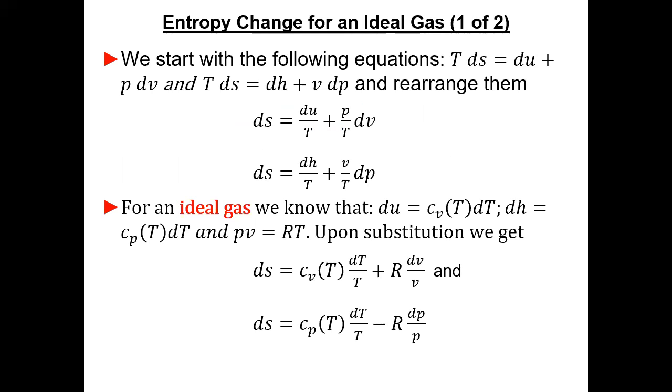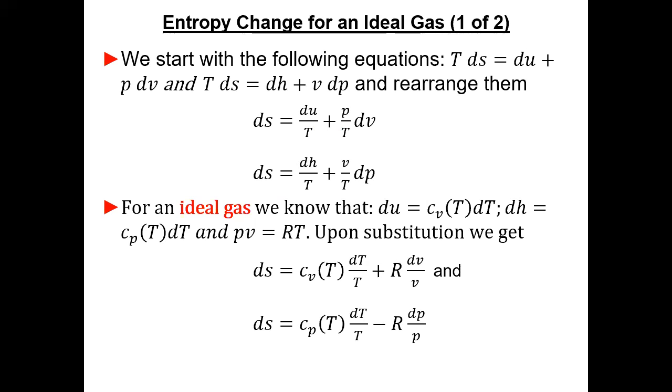Okay, so then we rearrange those and solve both of them for ds. The top one, divide through by T, and ds is du over T plus p over T dv. And the second one is ds is dH over T plus specific volume v over T times dp.